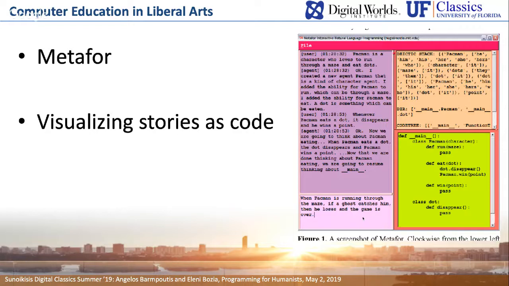This could be translated in programming languages as a command. Then there are nouns, for instance, the one who does the action. So that could be a variable that acts in a certain way. And so this tries to visualize stories as code, and again tries to bridge these two disciplines.